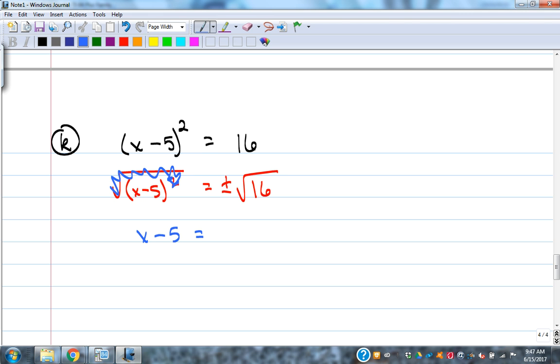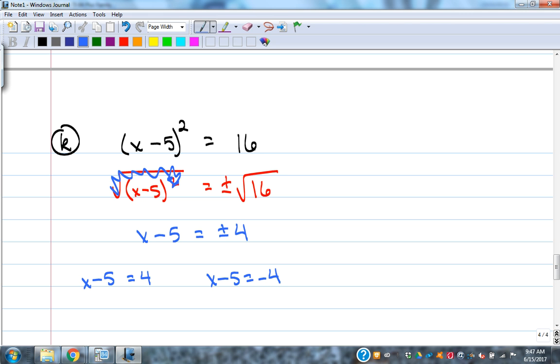The part that usually catches people is the plus or minus on the other side, because the square root of 16 is positive and negative 4. That's usually where folks get messed up, is they forget to put the positive and the negative. So you end up with two equations. X minus 5 equals positive 4, and x minus 5 equals negative 4.